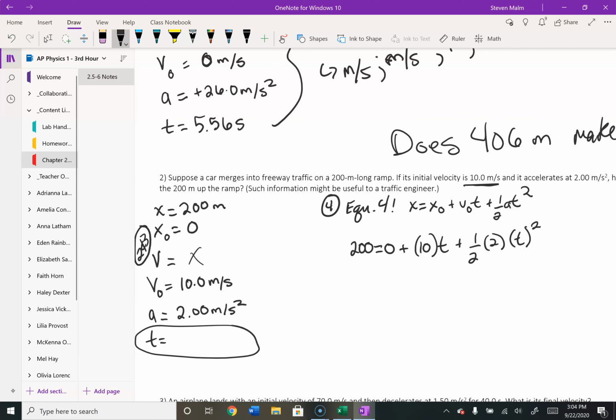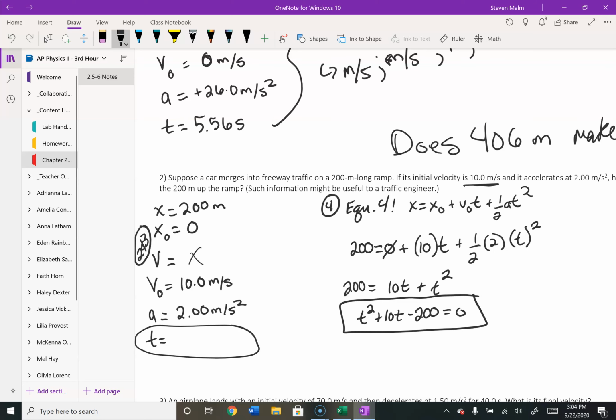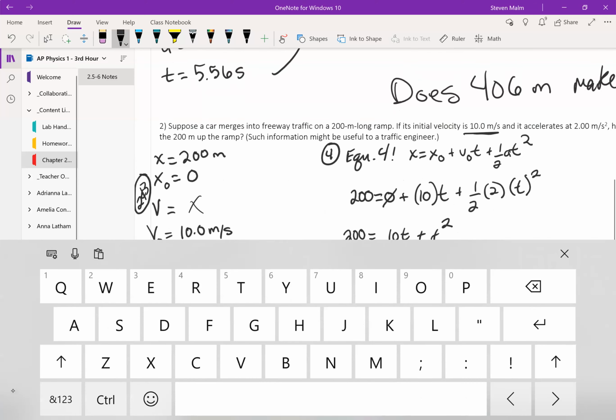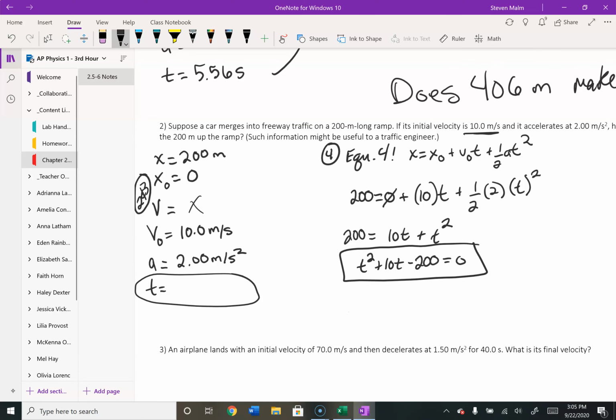All right, so I've got 200 equals, and this term goes away, 10t plus t squared. Using your infinite knowledge of algebra, if you rearrange this, you're going to see that you have what we like to call a quadratic equation. How do you solve quadratic equations? That would be the quadratic formula.